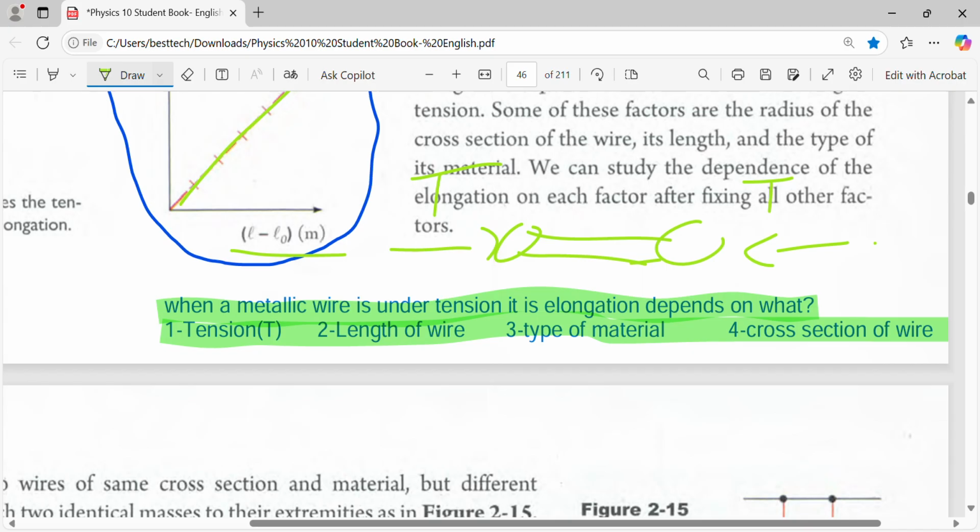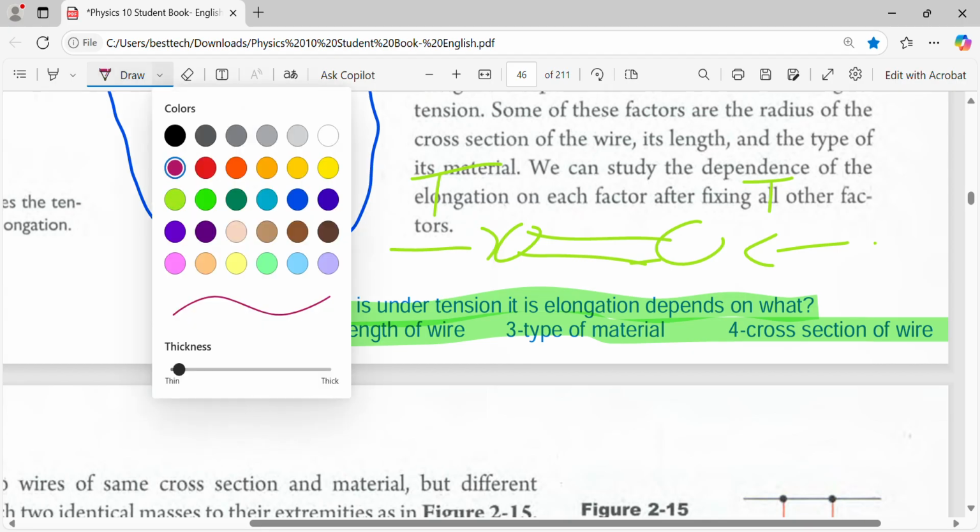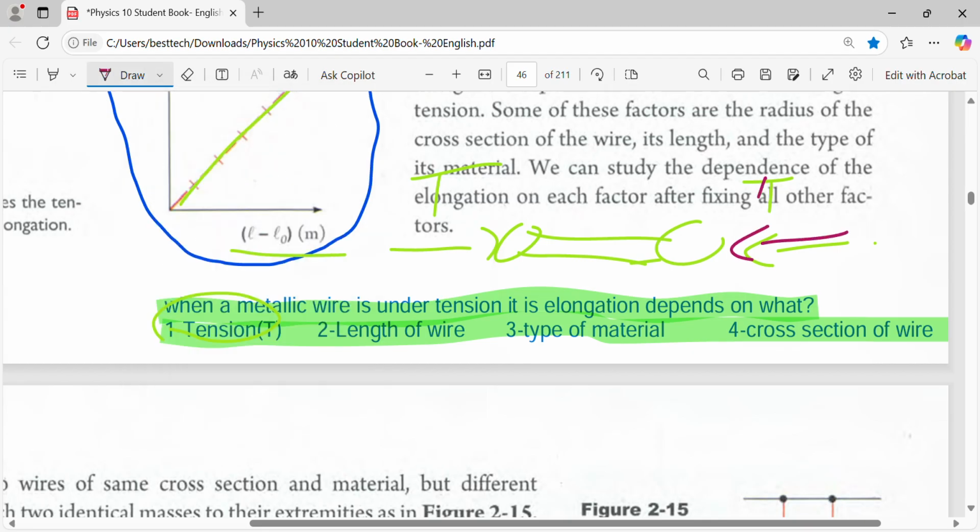So this change in length, this elongation, depends on what? Of course, it depends on the tension, because maybe you apply a large force T, and the elongation will totally change. The relation between T and elongation is directly proportional. So of course it depends on the tension.